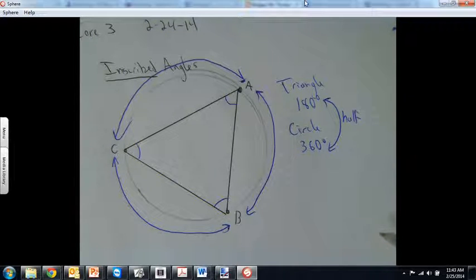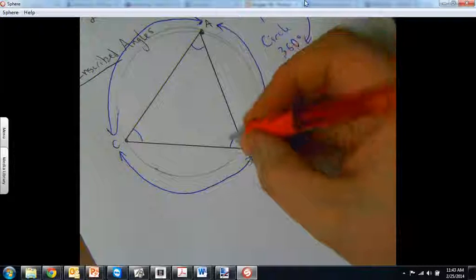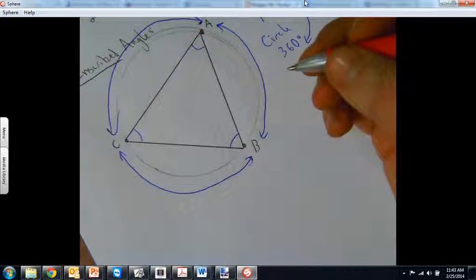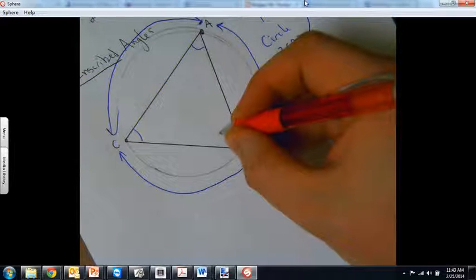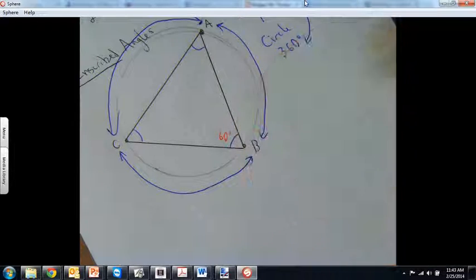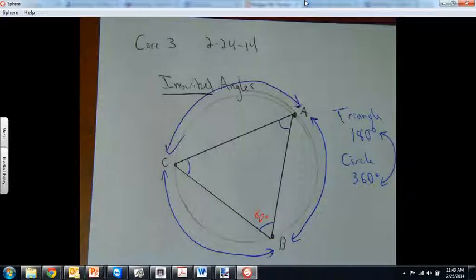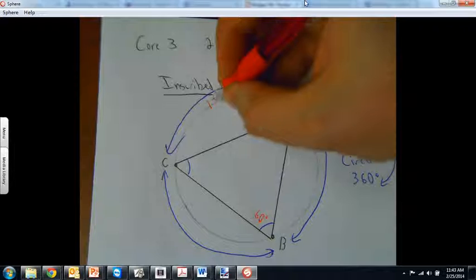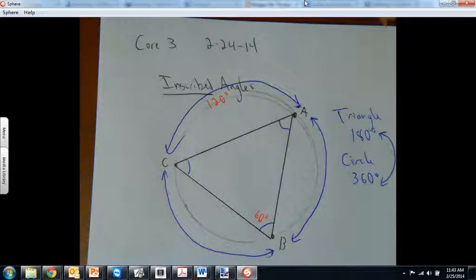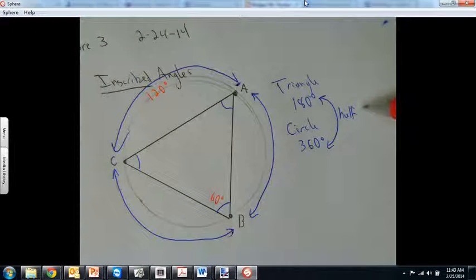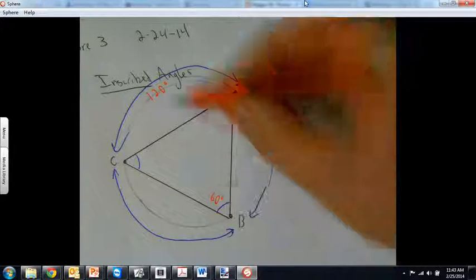Now, knowing that, we can go on into the properties of our inscribed angles. So, I'm going to assume, let's see, this looks about a 60-degree angle. Now, if that is a 60-degree angle, it means my arc up here is 120 degrees. Once again, half of the angle up there.